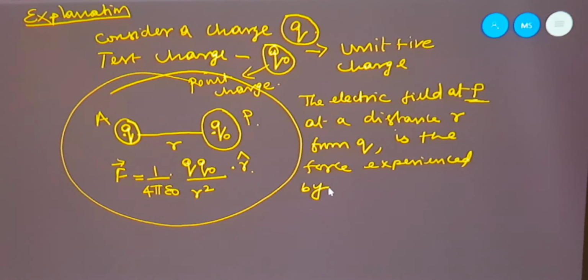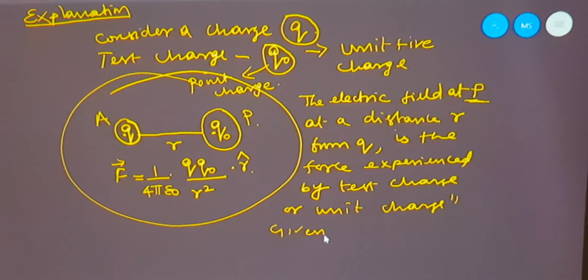The electrical field E at this point P at a distance R from the charge Q is nothing but the force experienced by the unit charge or the test charge, and it is given by electrical field E vector equal to force F vector developed at the point where you have the test charge Q0.